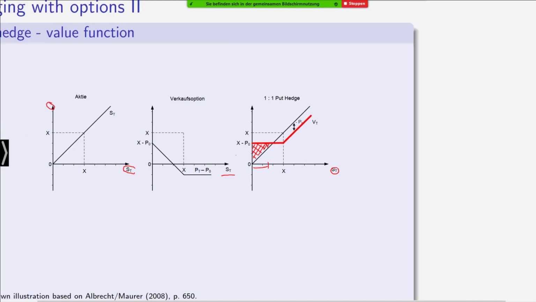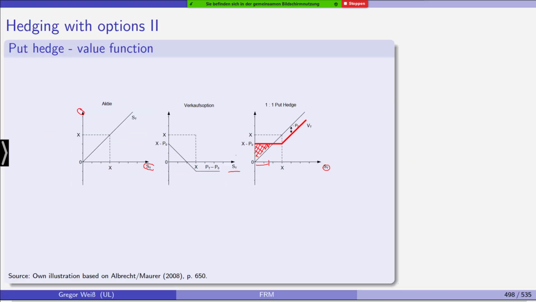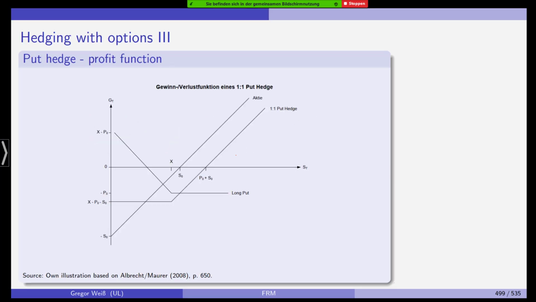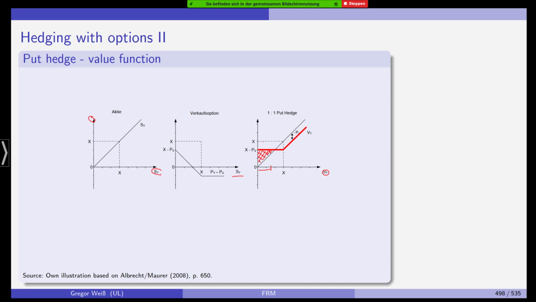Very simple. You have a long investment in the underlying, and you add one put. This is the profit function, assuming that you still have bought the underlying. So actually this is this one here. This is this plot, and you only have to subtract S0.